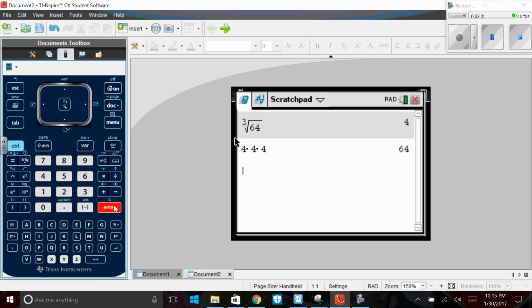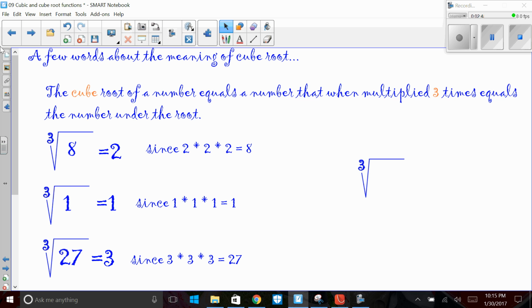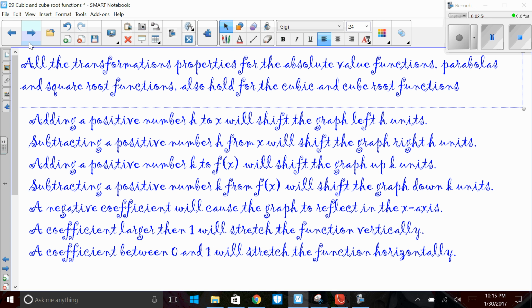And it does. So that's how the cube root works. Just like the square root, but instead of twice, you do it 3 times. And the properties for all the other functions that we've learned, all the transformations and stretches and reflections, also hold for these. So there's nothing new there.